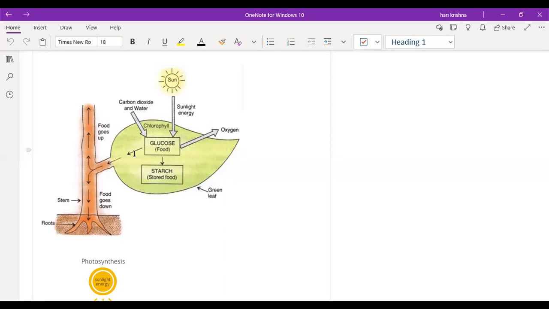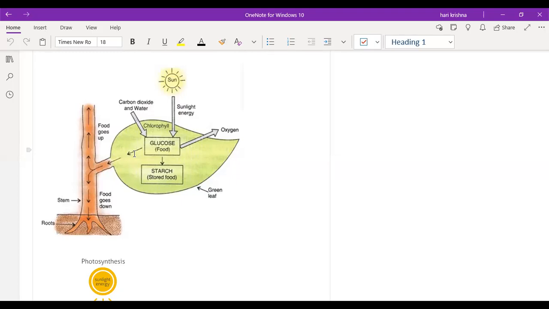It is also important: the plant will store the food in the form of what? Starch. What about the animals? We discussed nutrition in animals. Fat? Raghav, what is the answer?